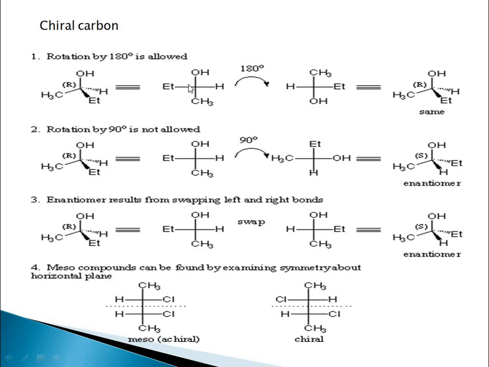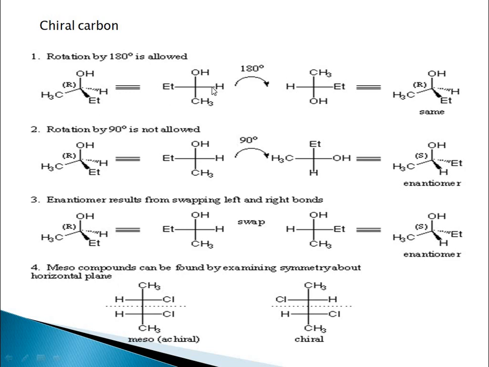When viewed in the Fischer projection, how do we write this as a Fischer projection? The groups in the same plane are put along the vertical line, and those which are out of the plane of the paper, that is the wedge and the dash, are placed along the horizontal line.